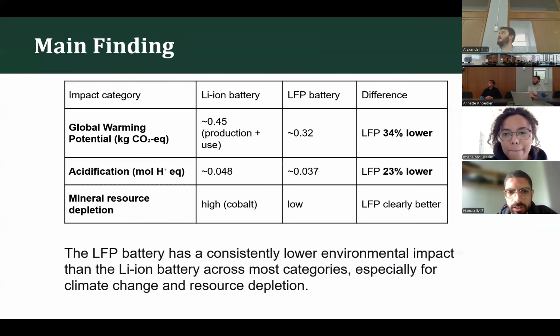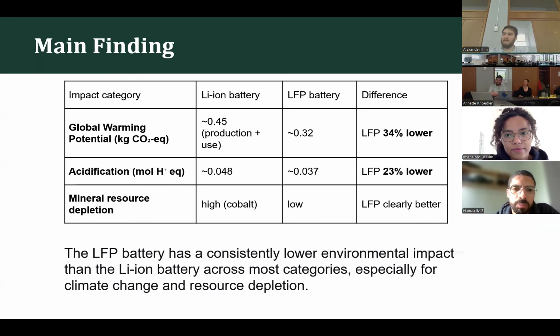Hello, everyone. Yes, for this comparative study between the two batteries, we have encountered many findings. Among them, the most important thing that we found is that the LFP battery has a significantly lower environmental impact than the lithium-ion battery, especially in the categories of global warming potential, acidification, and mineral resource.